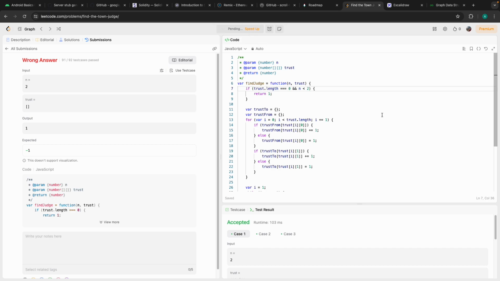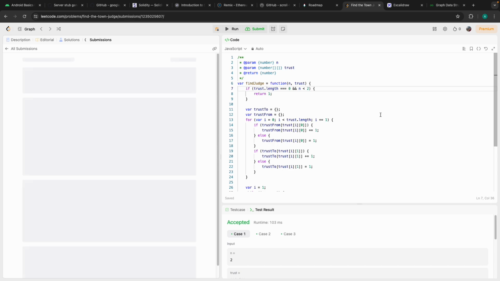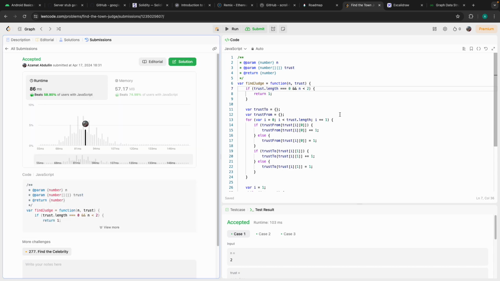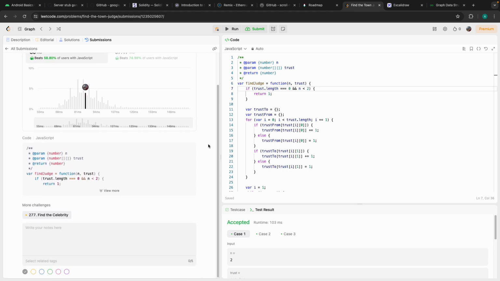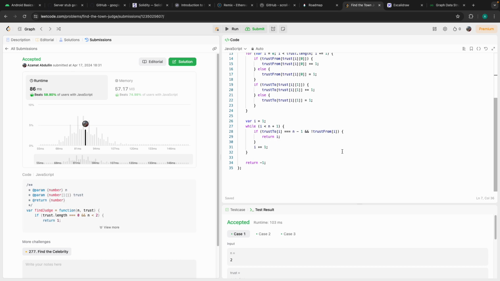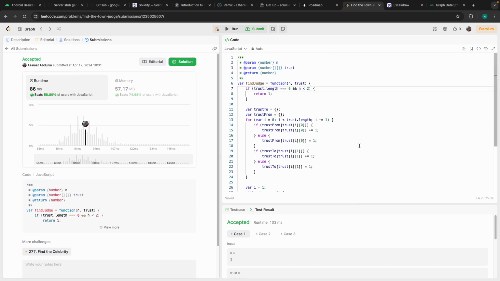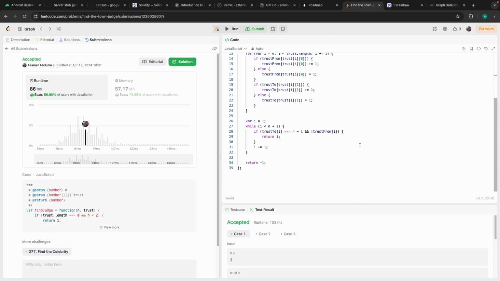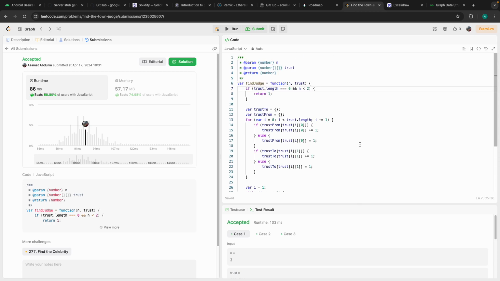How many edge cases do we have? Oh my god. Finally. It was hard. We didn't use a graph, so I'm glad, but not fully.